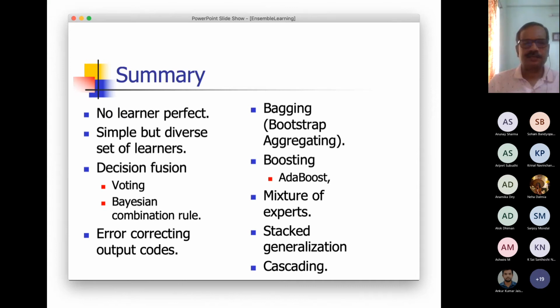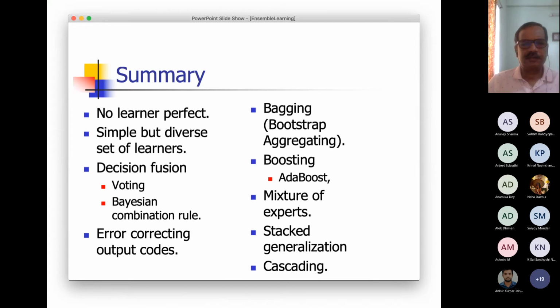As a summary, no learner is perfect, and when we are considering a set of learners as an ensemble, we try to keep the learners simple, and also the learners should be complementary to each other. A diverse set of learners should be there, and there are different ways this diversity could be introduced that we have also discussed.